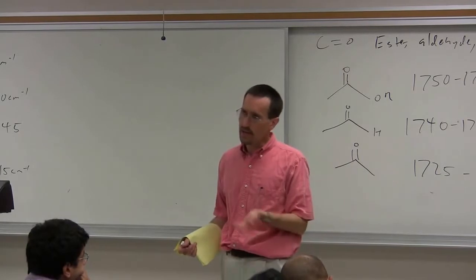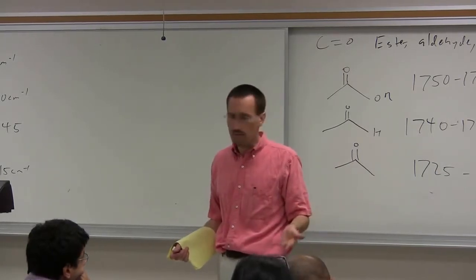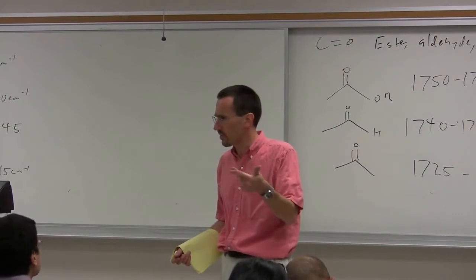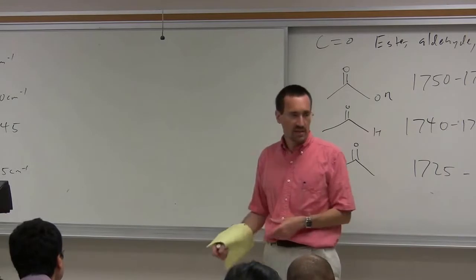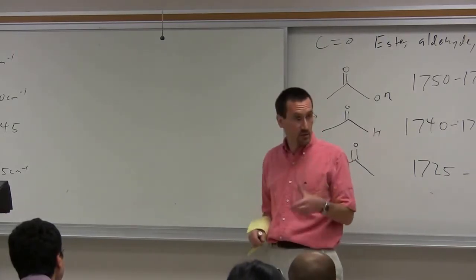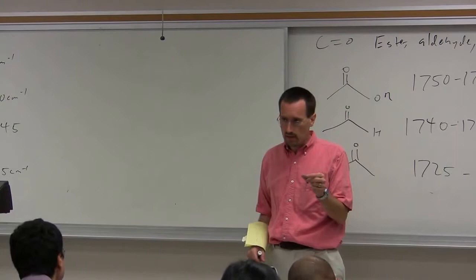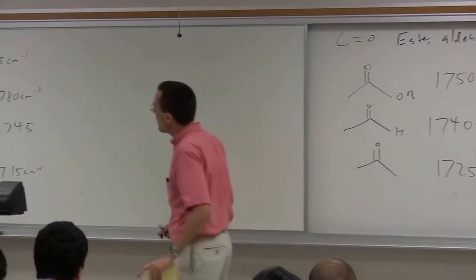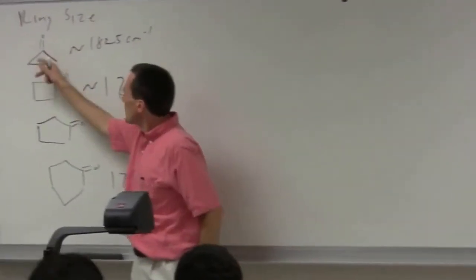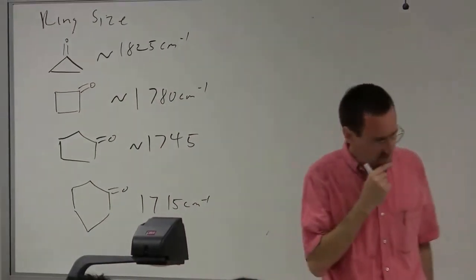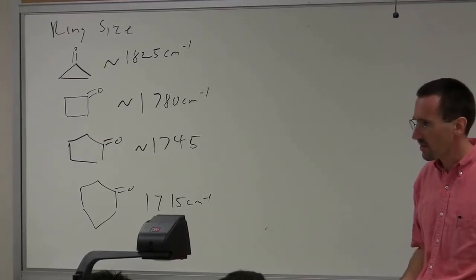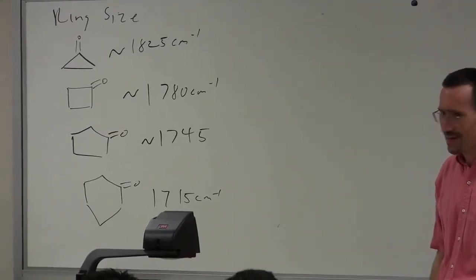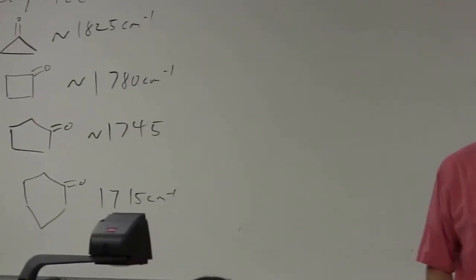The CO double bond has a stretch at about 1700. Remember, it's that root k over mu term, root force constant over reduced mass. So if you increase from 1715 to 1825, that's a good bit stiffer spring. So that means the carbonyl bond is stronger or weaker? Stronger. Is that surprising? It is surprising. How can that be?